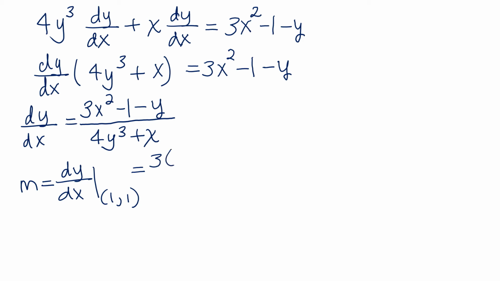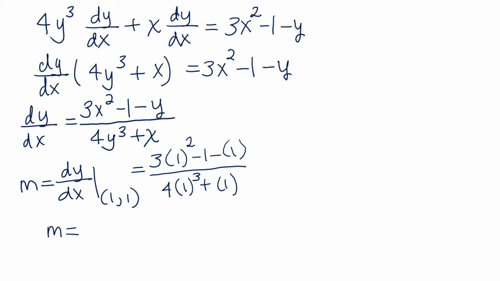You'll have 3. Where the x was, put in 1. So 1 squared minus 1, minus y, which is also 1, divided by 4 times, put in 1 for the y cubed plus 1.